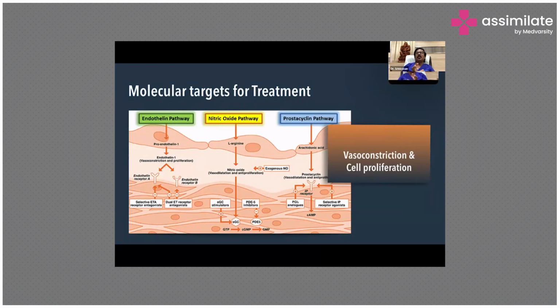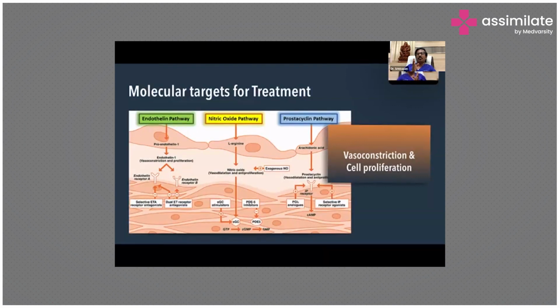All these endothelins do have a vasoconstrictive property, and they increase vascular proliferation. So what we can do is block these endothelin receptors. You have 2 types of receptors: endothelin receptor type A and type B. So when you block these, you reduce the proliferation to some extent.